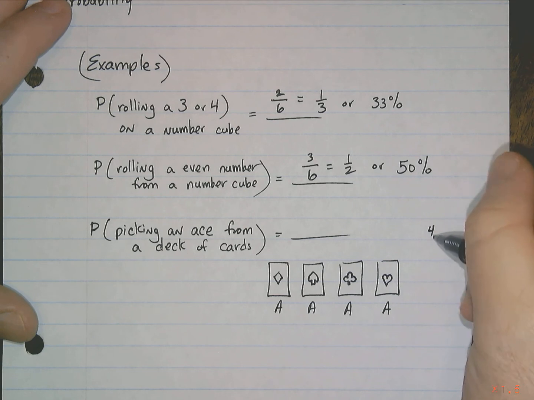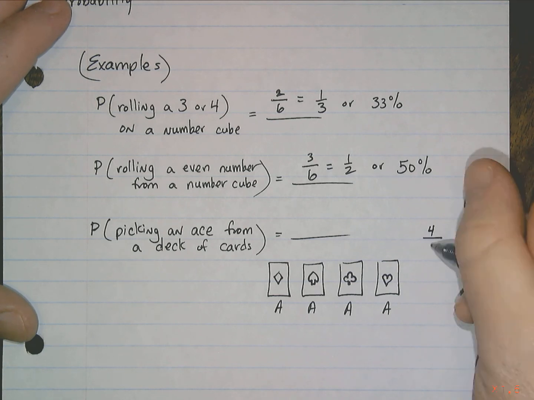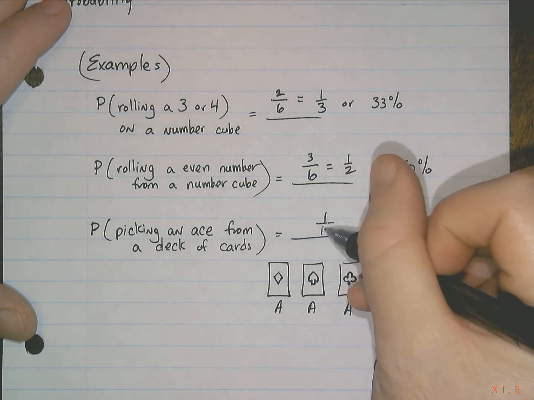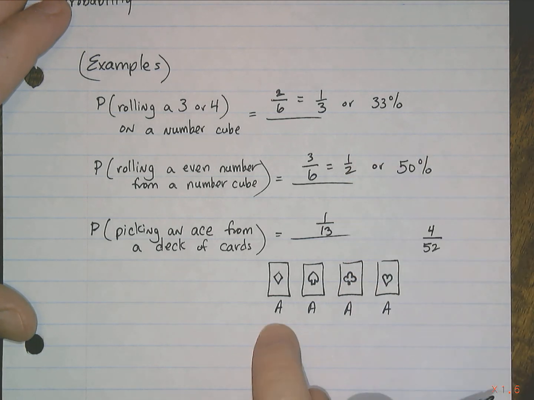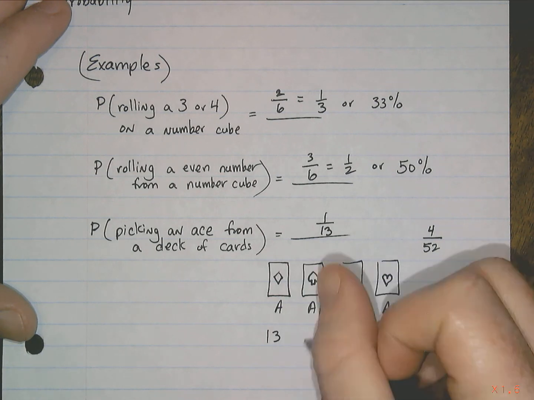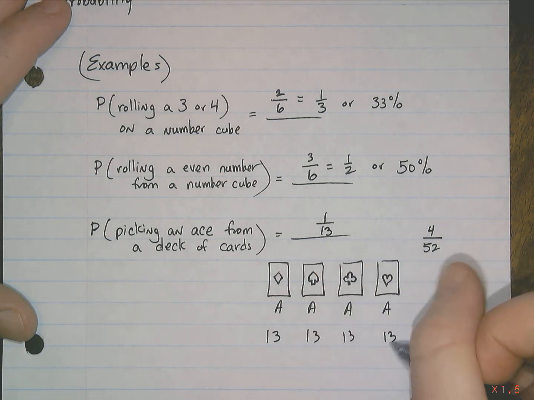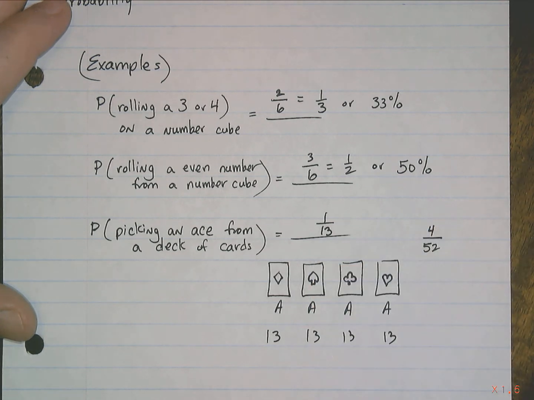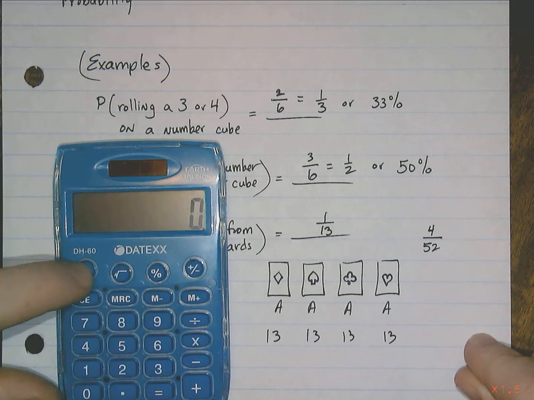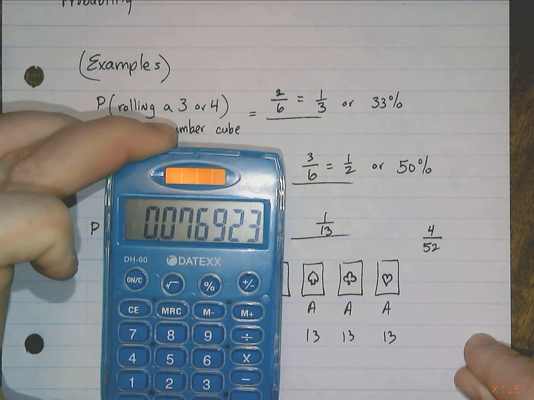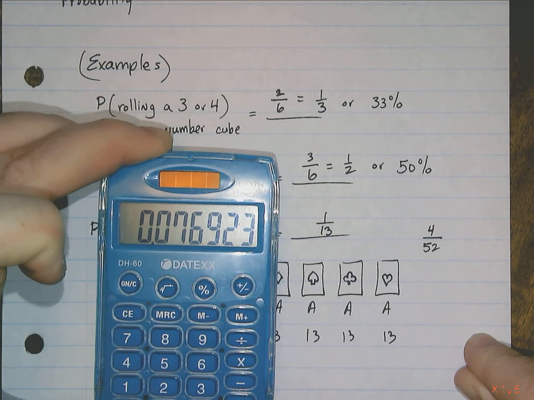4 aces out of how many cards? 52. And in lowest terms, that's 1 out of 13, which makes sense because there's 13 cards in each suit, right? So that means 1 out of 13 is an ace, which makes sense. 1 divided by 13 equals about 7.7.